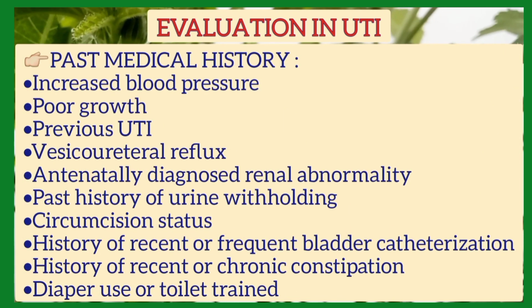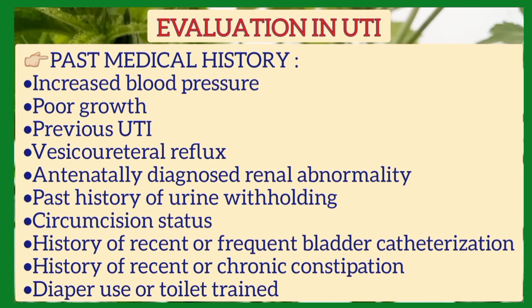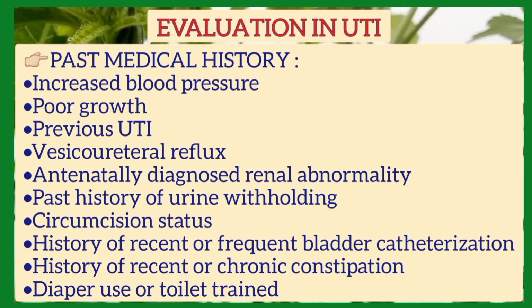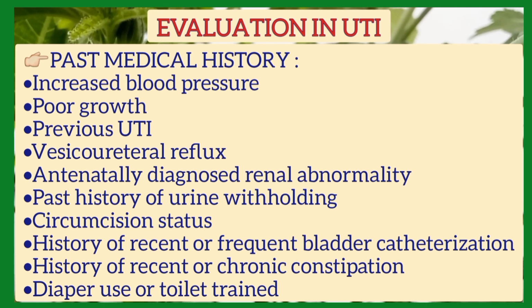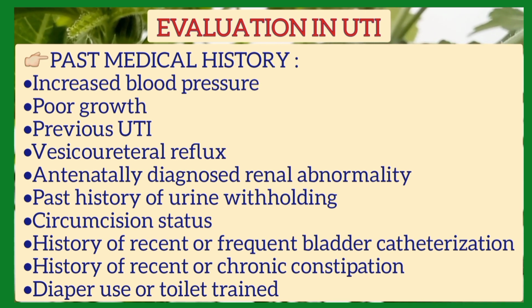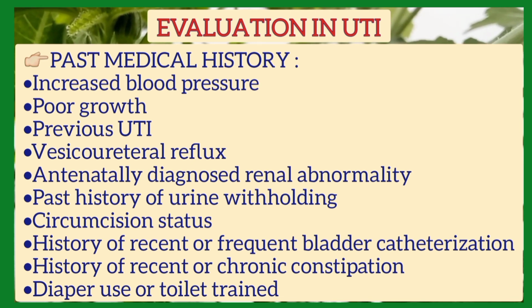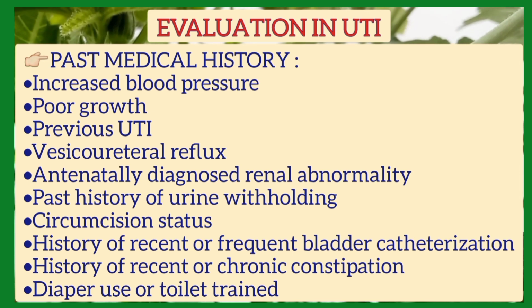In past medical history, ask about increased blood pressure, poor growth, previous UTI, vesicoureteral reflux, antenatally diagnosed renal abnormality, past history of urine withholding, circumcision status, history of recent or frequent bladder catheterization, history of recent or chronic constipation, and diaper use or toilet trained.